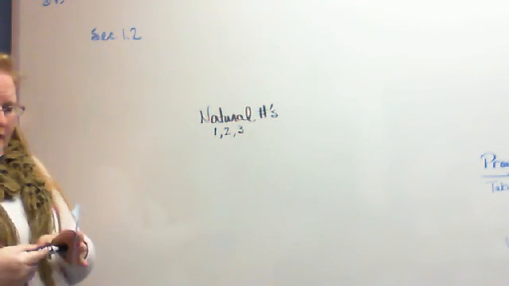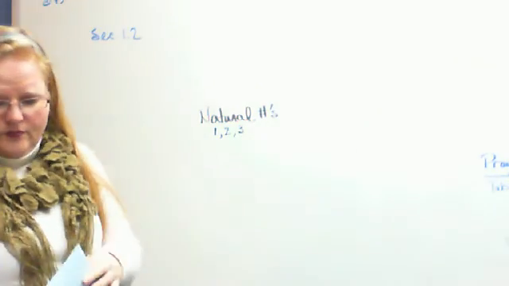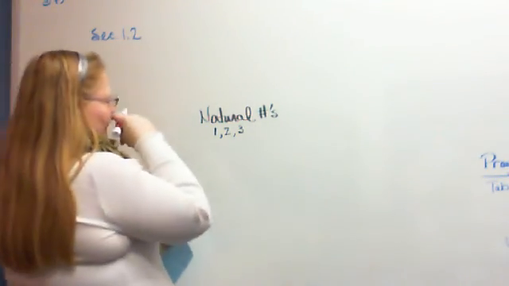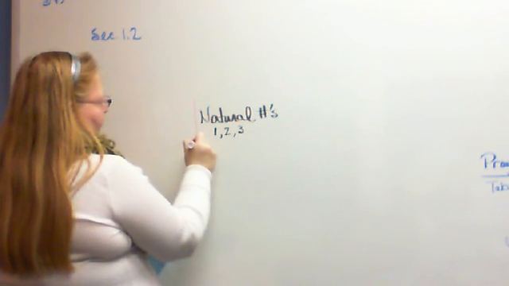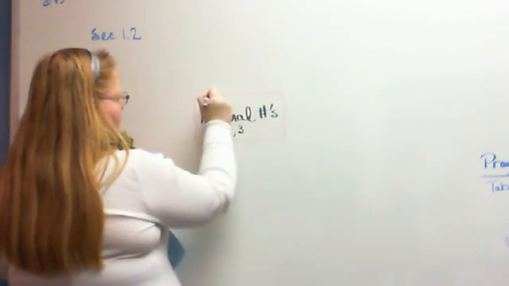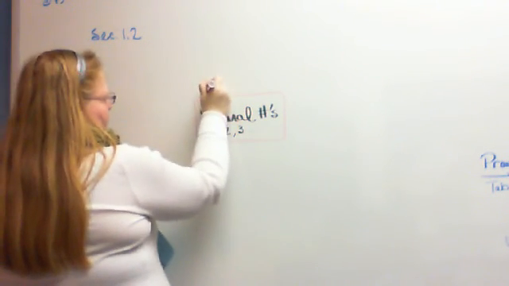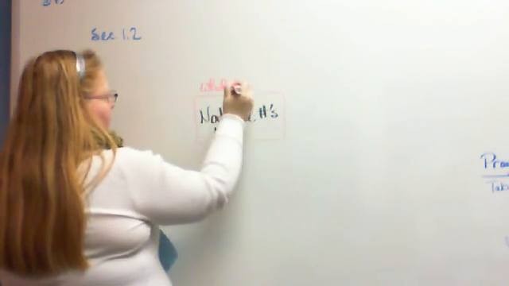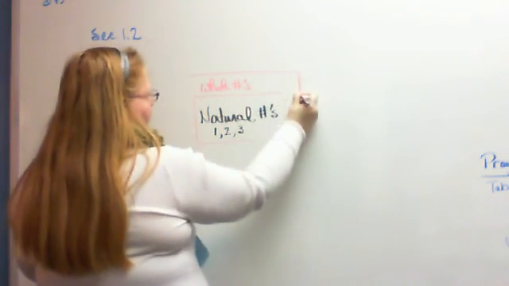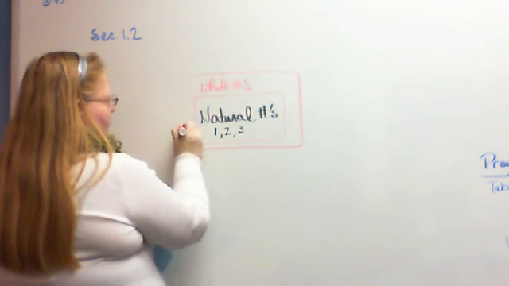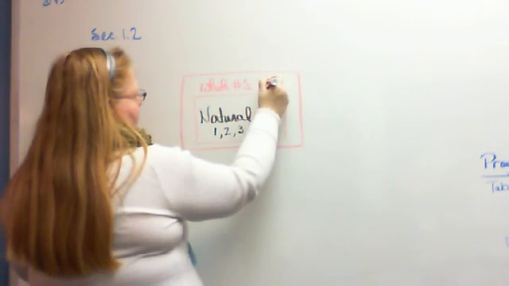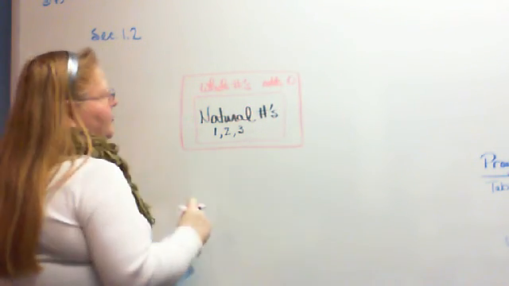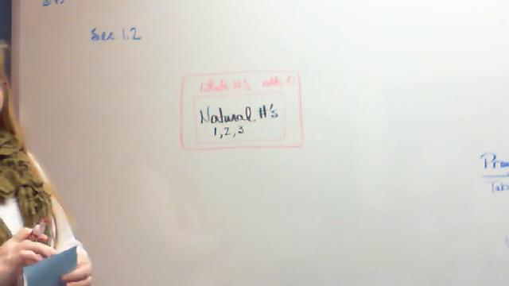If you want to talk about numbers that are not natural, our next set of numbers is whole numbers. So these are all natural numbers, but whole numbers encompass not only all of those natural numbers, but it also adds 0. 0 is a whole number.